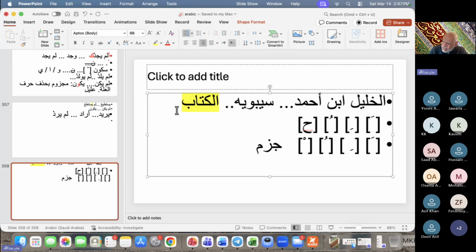I think this is the end of the first century, because it wasn't long after the beginning of the Umayyad Empire Caliphate. Okay. After Khalil ibn Ahmad and Sibawayh came another scholar.